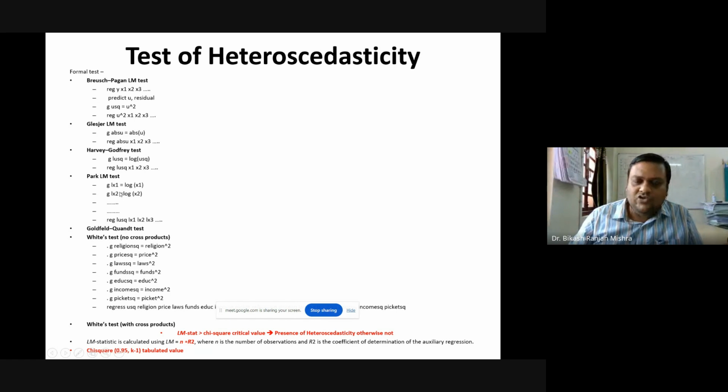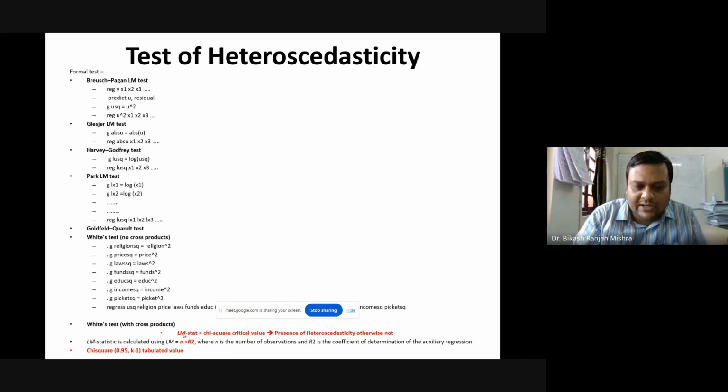More or less, this approach will be similar, only a matter of degree varies, but somehow the heteroscedasticity problem can be traced easily. Only thing is that the residual error squared term will be the dependent variable, and all other variables on the right hand side, and do a regression, find out its R square, multiply with the observations, n times R square will give you the LM statistic, and this LM statistic follows a chi-square distribution basically.